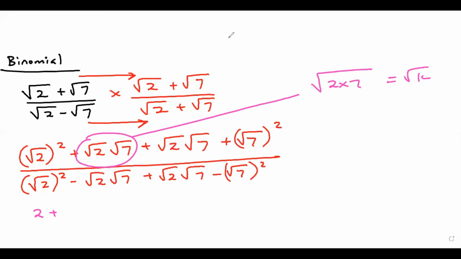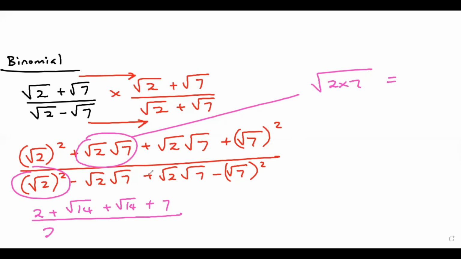So that means we'll have root 14 plus root 14 plus, this is 7, over, this is 2. These cancel, and this is 7.